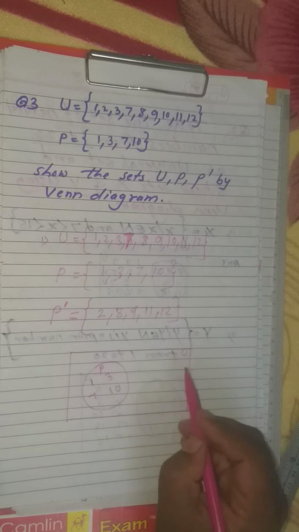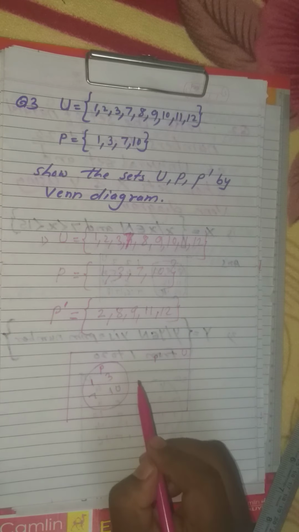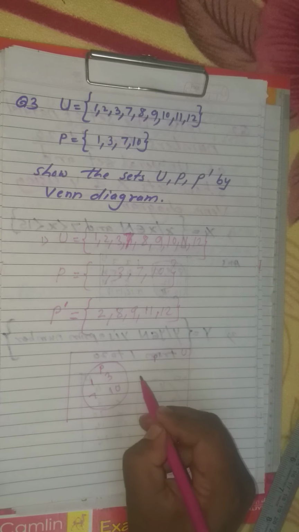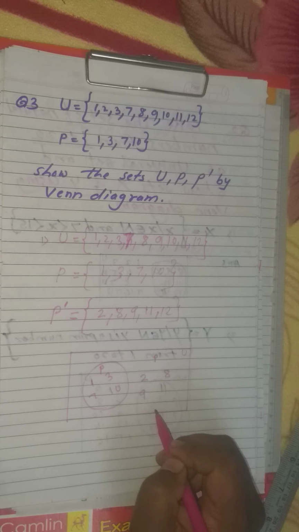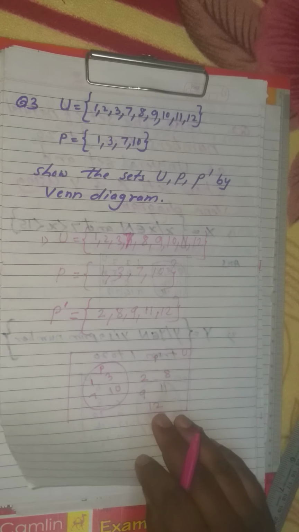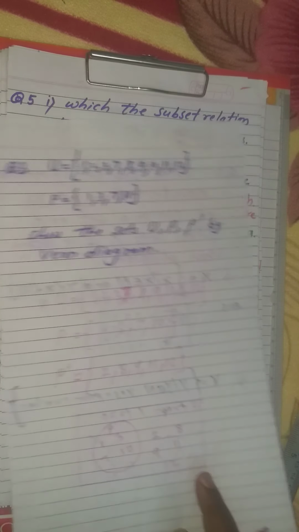The remaining elements are called P dash. P dash means the remaining elements from the universal set other than P. So we write 2, 8, 9, 11 and 12. This type of example we have to show by Venn diagrams.